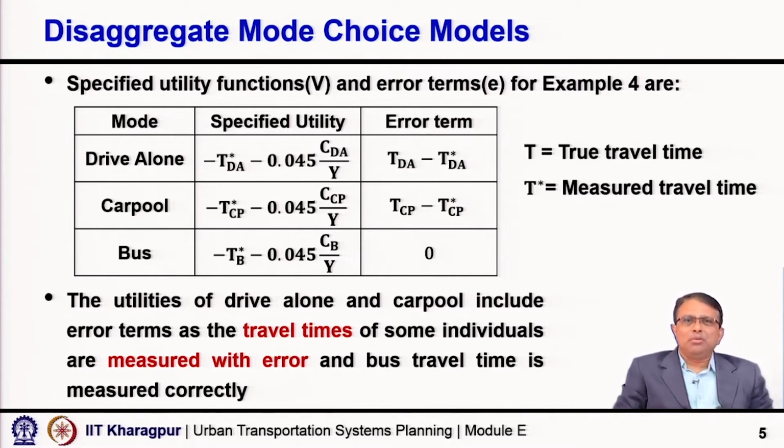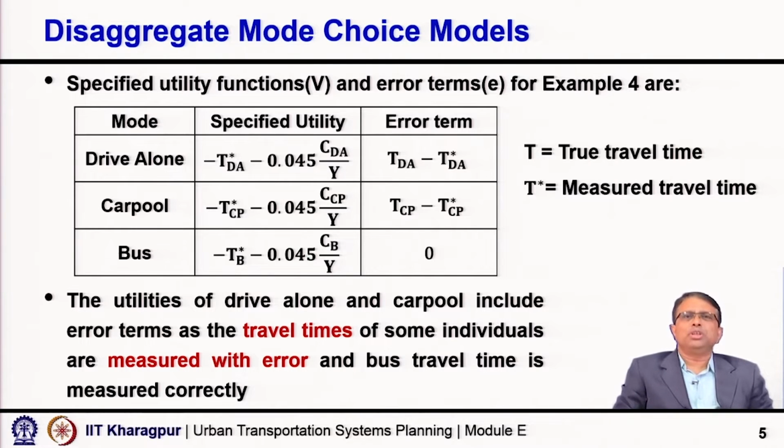So, for drive alone, what was considered by the modeler is indicated here as specified utility, and the error term indicates what was the actual travel time and what was actually taken as the value of travel time, and this error is due to measurements, but again this is an error.